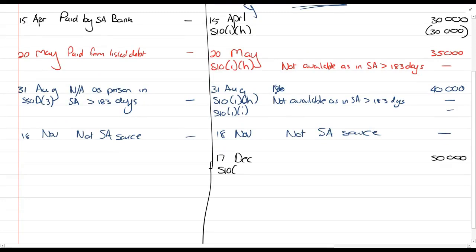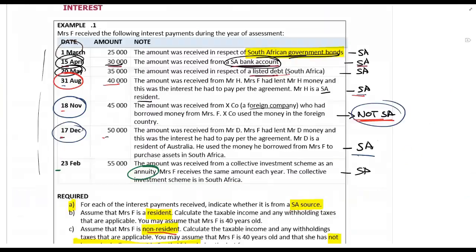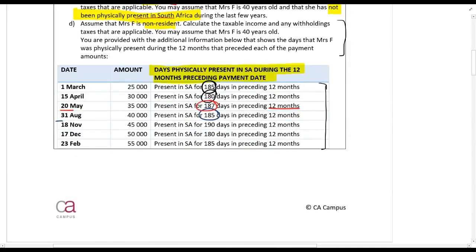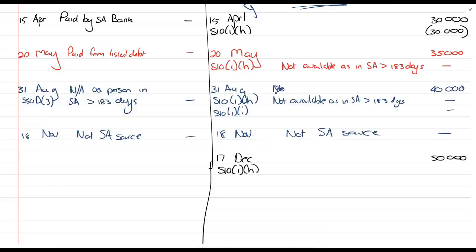We consider section 10(1)(h). So let's go and see. 17 December, 180 days, nice. So section 10(1)(h) is fully available.